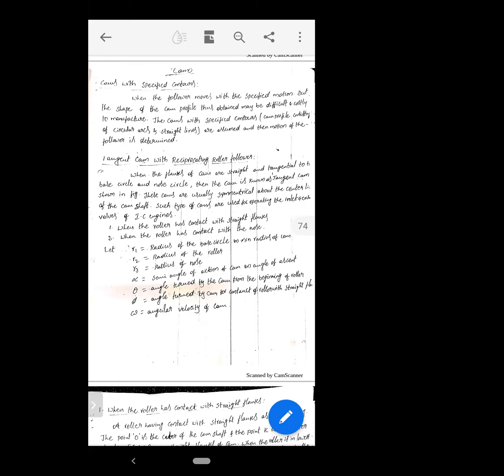So first we have to see the special cams. What are they doing generally?